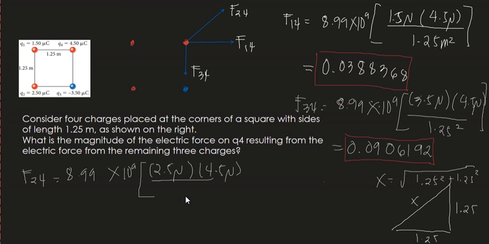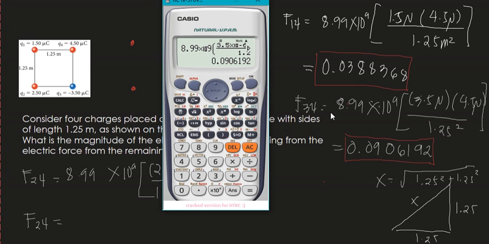If we put it inside, the square root will automatically cancel. Or you can directly solve for the value of x. So F24 will be equal to, adding in the denominator, 1.25 squared plus 1.25 squared, and in the numerator what we have above, 2.5.